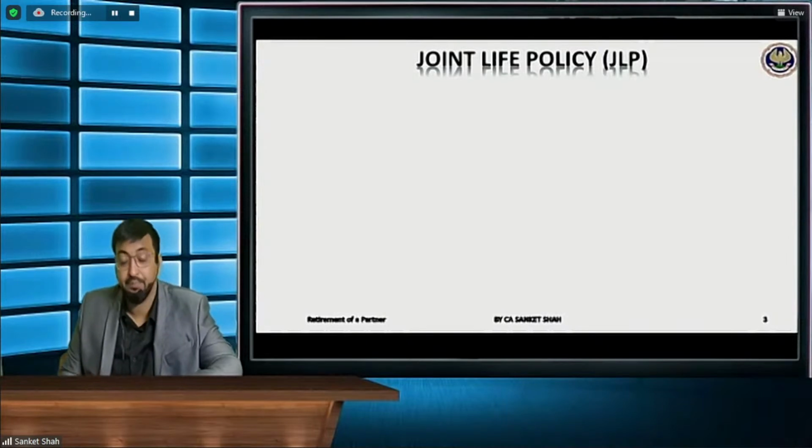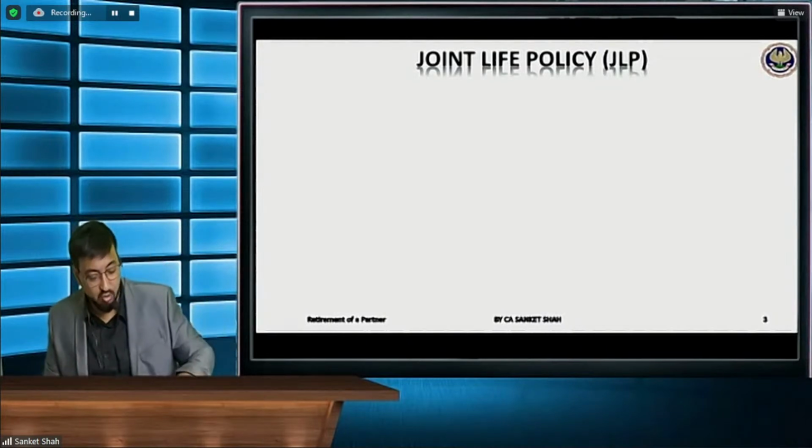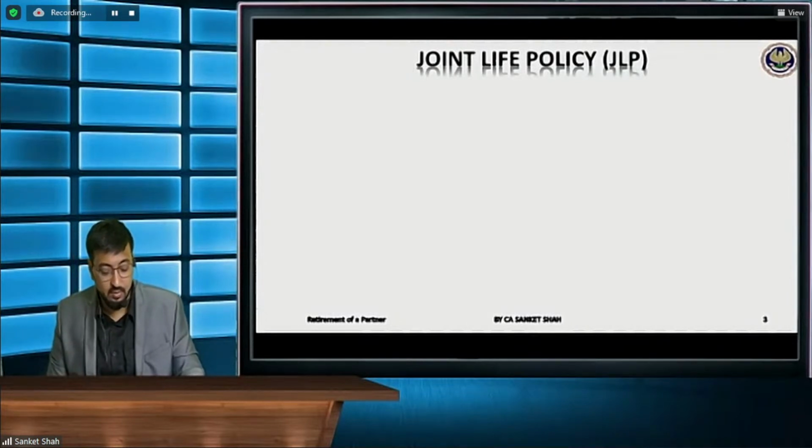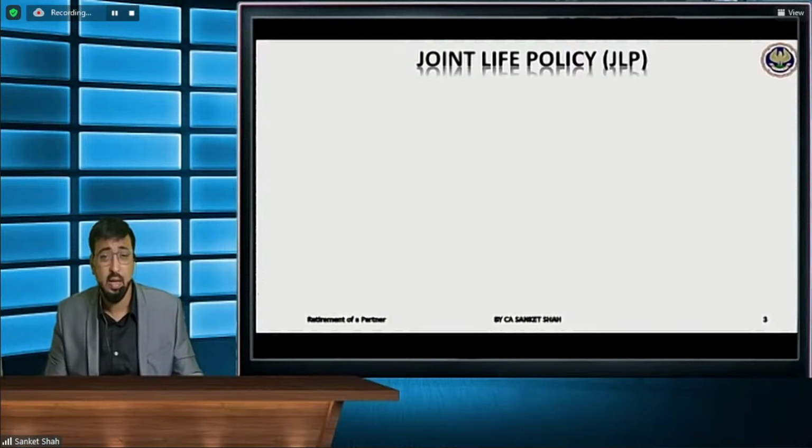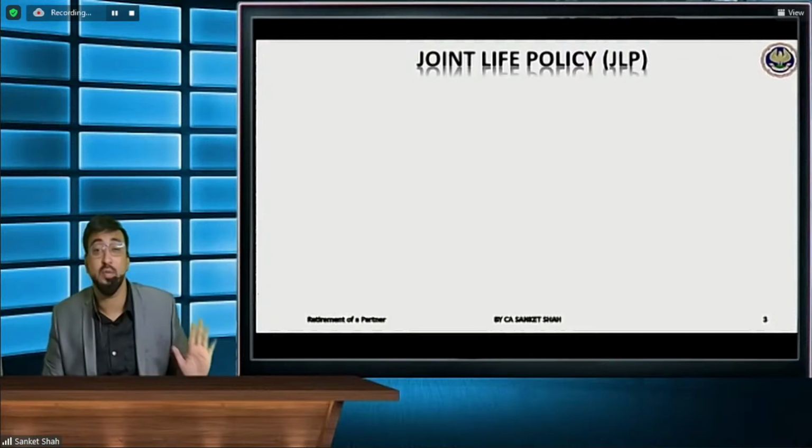ठीक है. So let's understand the last concept. Now, very, very important concept in case of retirement. Joint life policy. Let's understand this last concept. Last better 15 to 20 minutes I want. And now please understand this is the last concept of this chapter.